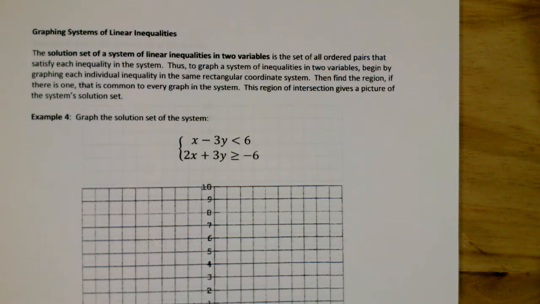Then you're going to find a region, if there is one, that is common to every graph in the system. This region of intersection gives the picture of the system's solution set. So you're going to graph each inequality in the same coordinate plane and then find that intersection.